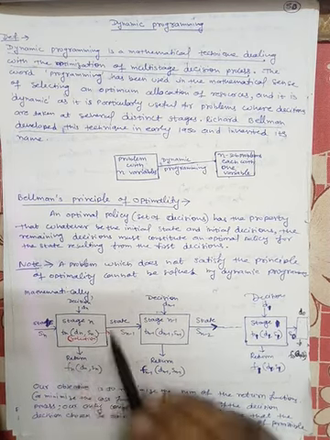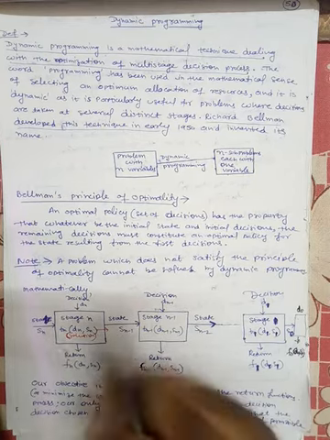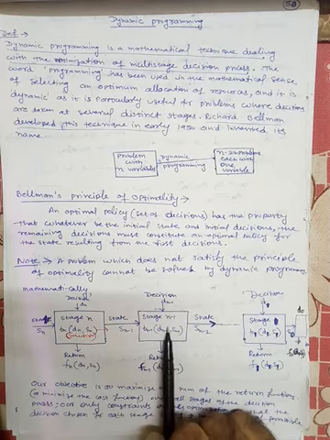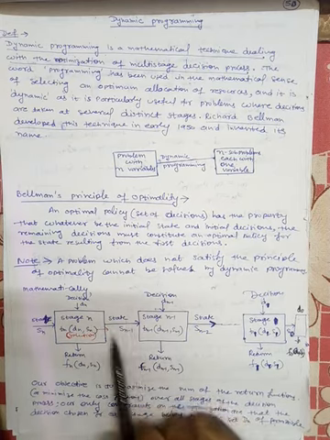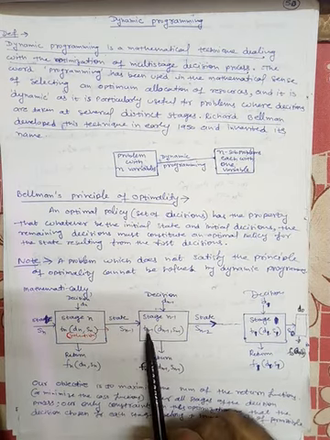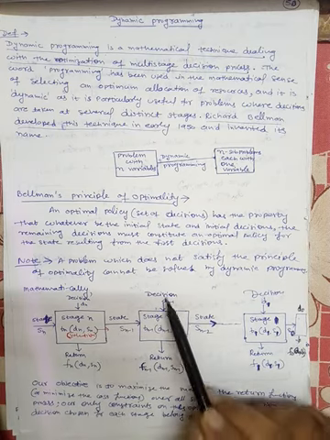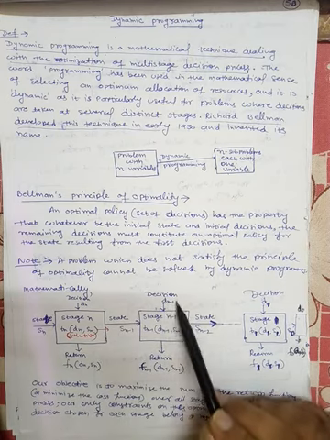Now whatever decision we have extracted here is passed to the next state. That's why Sn minus 1 is the next state, in decreasing manner. Here we have to take a decision dn minus 1.